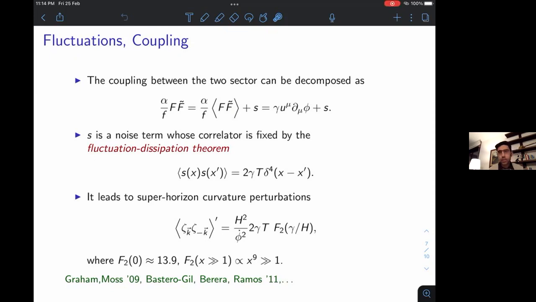For instance, the 2-point function of this noise is completely fixed at large distances by the fluctuation dissipation theorem. So once I know the friction coefficient and temperature, I know the 2-point function of this noise. I can also put lower bounds on the higher order correlation functions of this noise.